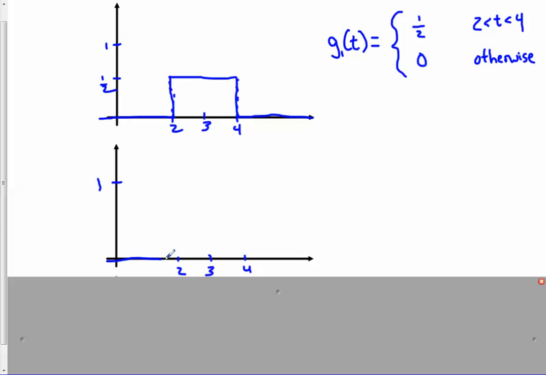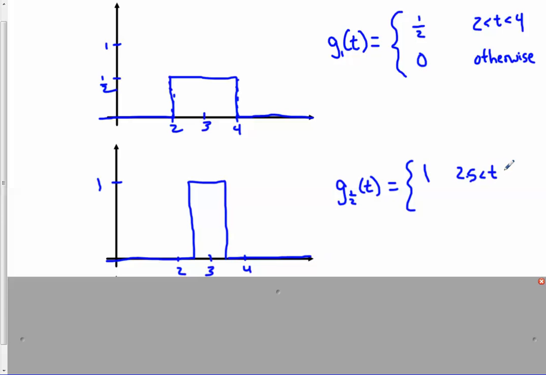Let's have it be 0, and then at 2.5 it goes up to 1 until 3.5 and comes back down. Let's call this g1/2. So it's 1 from 2.5 to 3.5, and it's 0 otherwise.